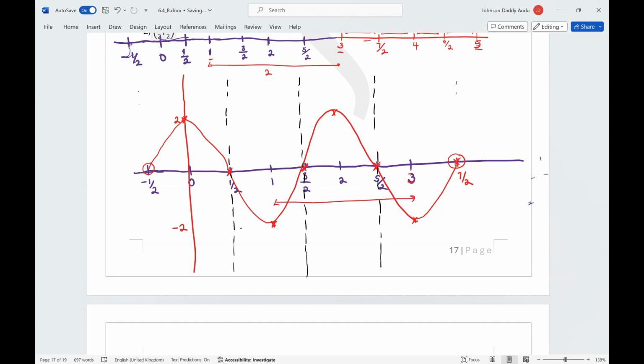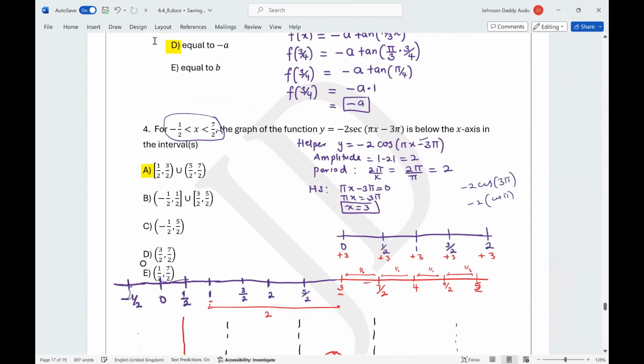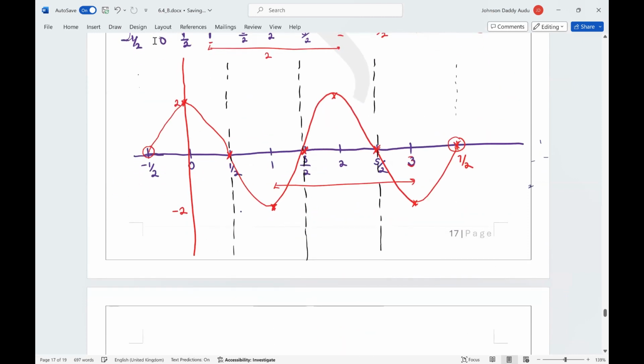You can say they are vertical asymptotes, it is fine, but 7/2 and this, they are not in the what? They are not in our interval because we're asked to find the graph between what? Minus half open, and also 7/2 is also open. So this is all we need. And this will be reflected in this way.